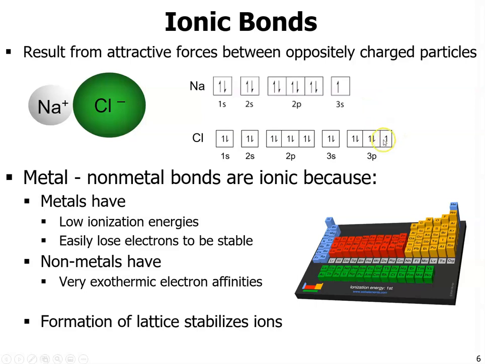Chlorine, for example, doesn't want to lose this electron because there's a lot of positive charge. Remember we talked about the effective nuclear charge that these electrons are seeing, and it's seeing a really positive charge coming through these initial two shells. So there's still a really positive charge, so pulling one of these off is going to be relatively expensive in terms of energy.